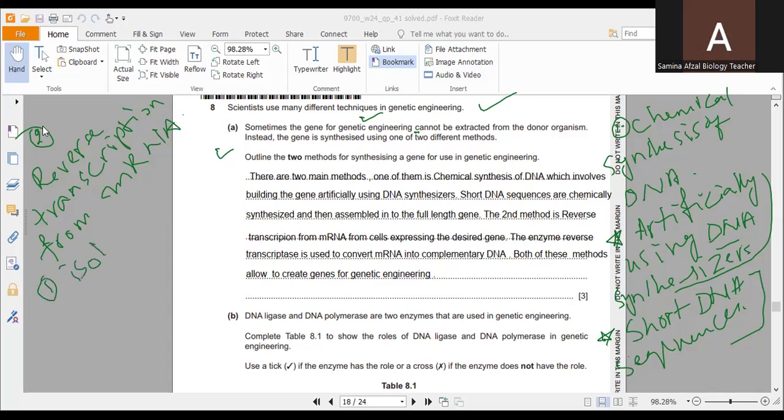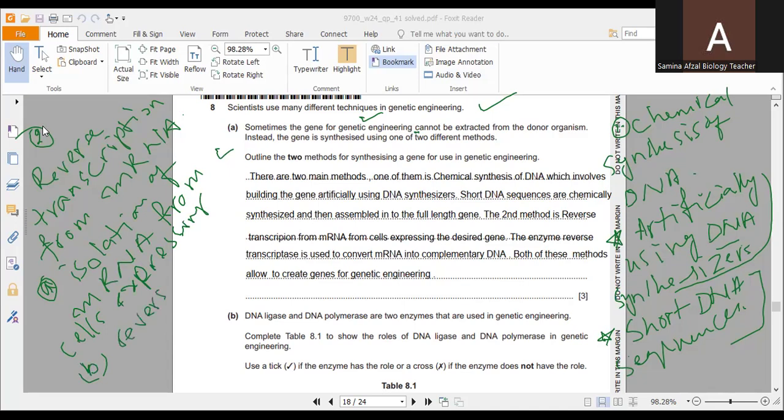The first step is isolation of messenger RNA from cells expressing the desired genes, the type of genes you want to synthesize. Then the reverse transcriptase enzyme uses messenger RNA to make a complementary DNA strand. Then amplification.